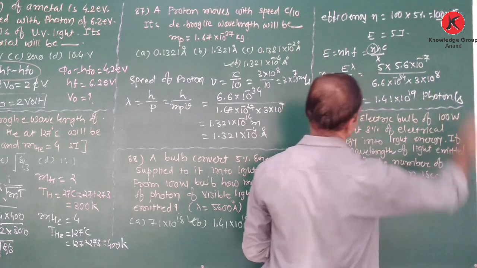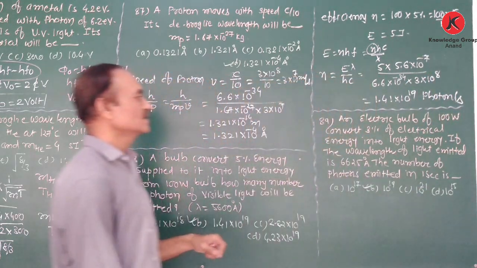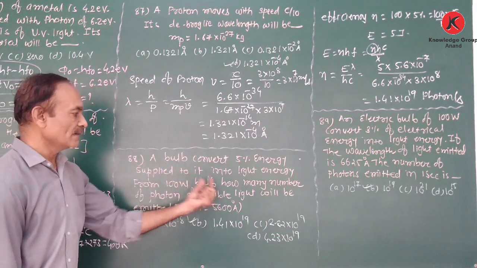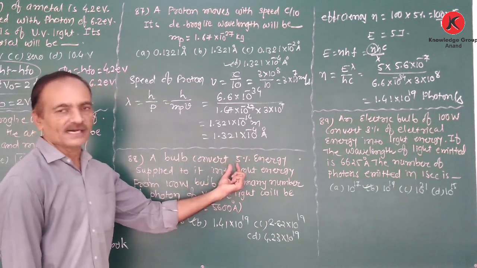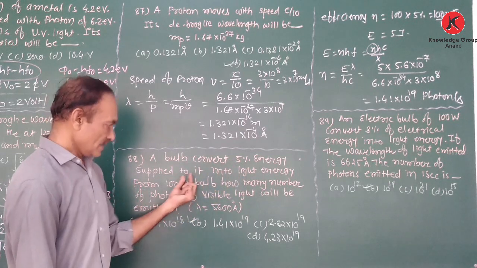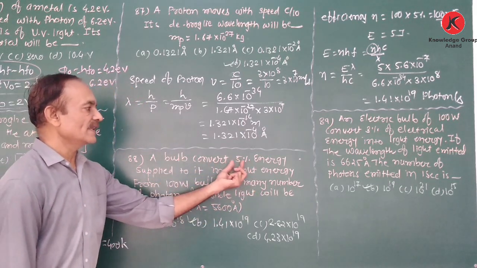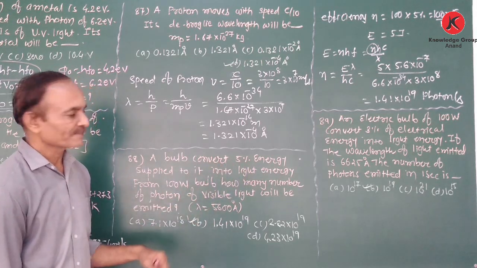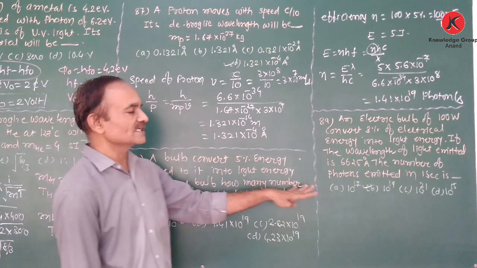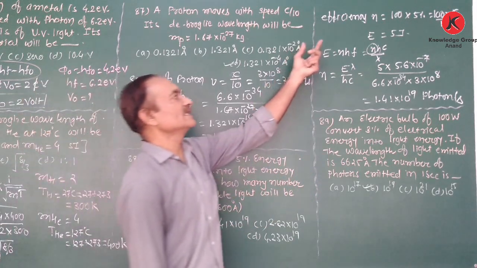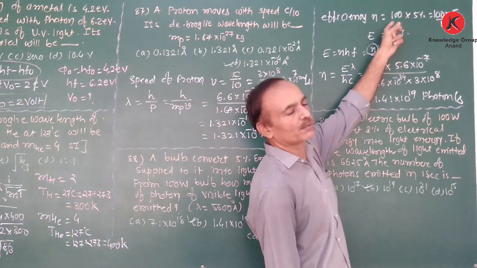Photons per second. Again, this is a most important numerical. Here, the electric bulb of 100 watt converts electrical energy into light energy by 5%. That means 5% of the energy is converted into light. Therefore, the total energy E is from the 100 watt bulb.